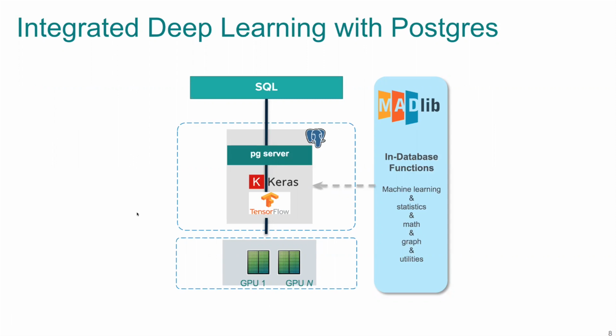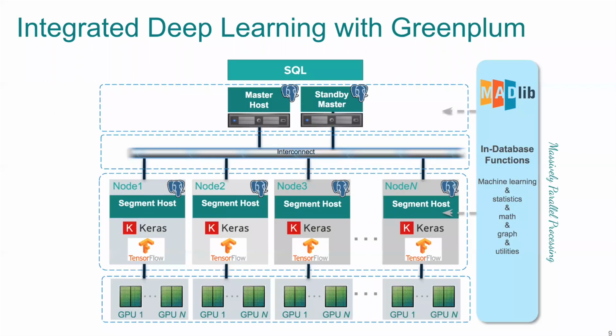This can very easily be extended to a distributed database, something like Greenplum, where you would have multiple hosts. As long as each of these hosts has its own installation of Keras and TensorFlow, and each has GPUs connected to it, you again don't have to configure and install Greenplum with all of these together.